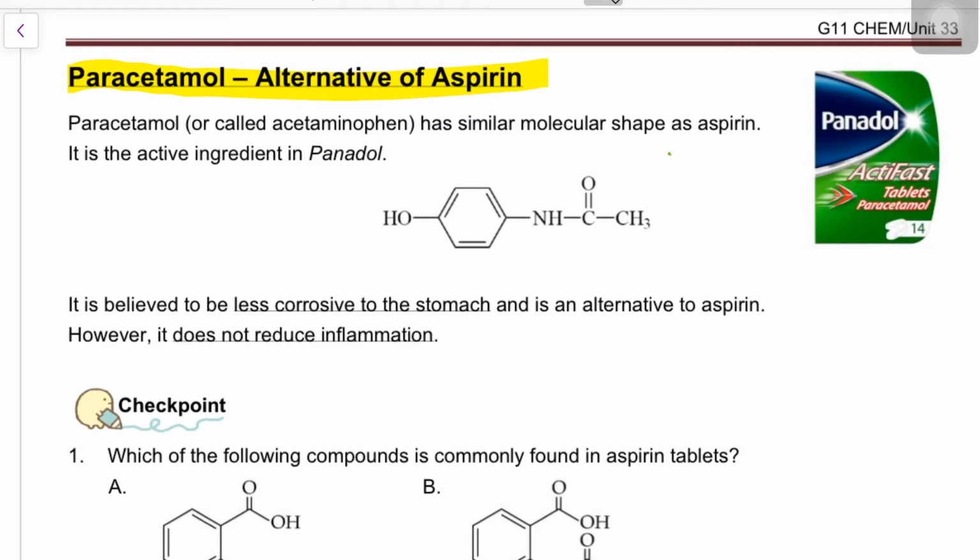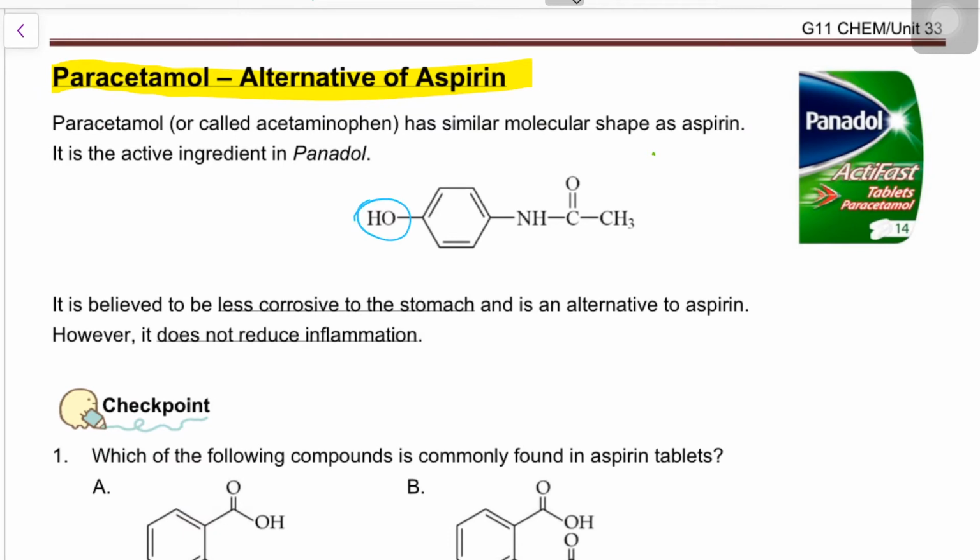Now, unlike the aspirin, which contains a carboxylic acid, here shows a Panadol structure. Again, no need to memorize the structure. But all you can see is, first, it has a hydroxyl group, and here is an amide.